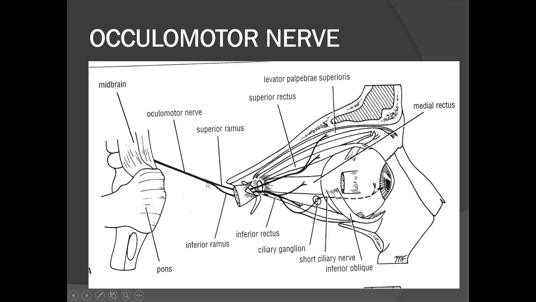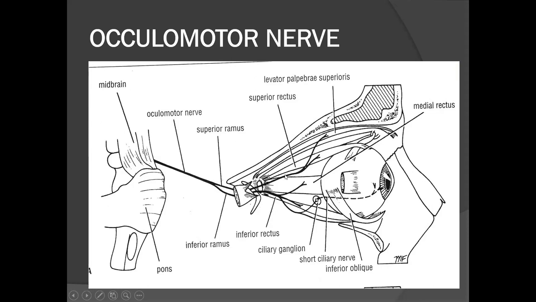Traveling through the cavernous sinus, it then comes towards the superior orbital fissure. That is the cranial foramen through which it enters the orbit. As it is entering, it will divide into the upper and lower division.